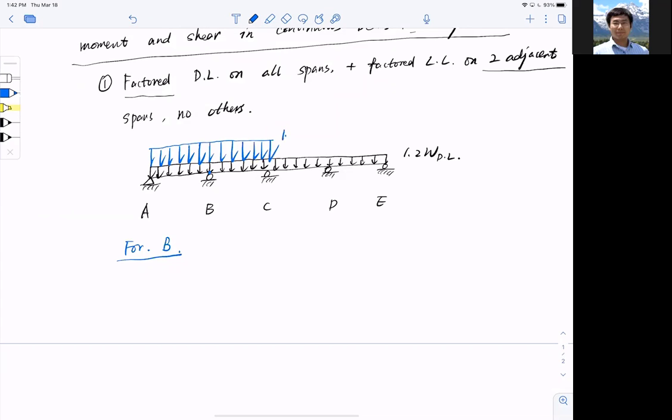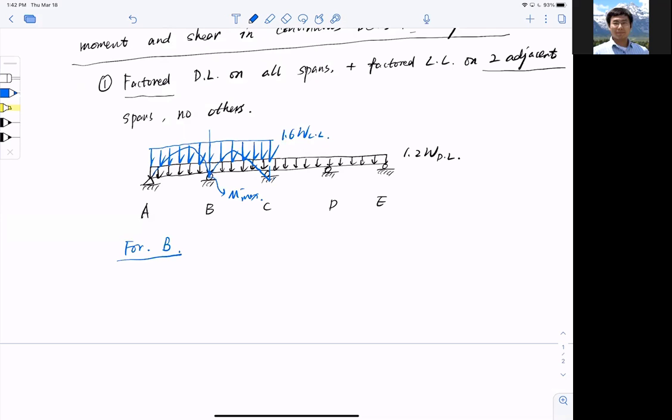Okay, so this is 1.6 live load on the adjacent span. That will produce the maximum bending moment. Matter of fact, it's going to be something like this, right? Maximum bending moment at B here.